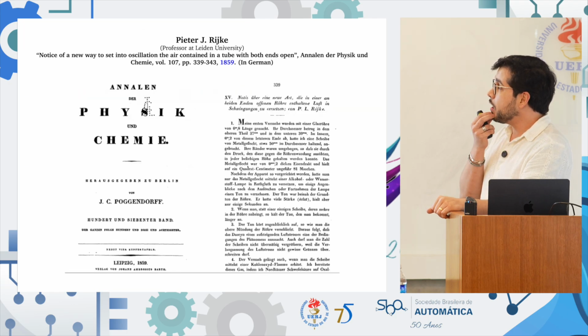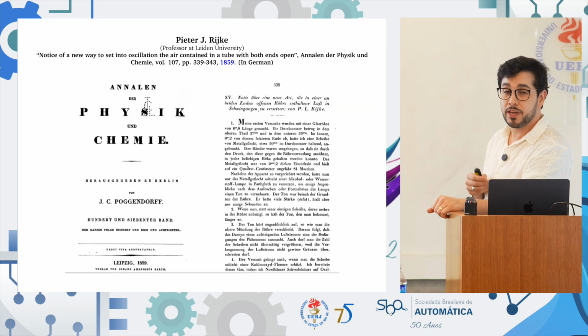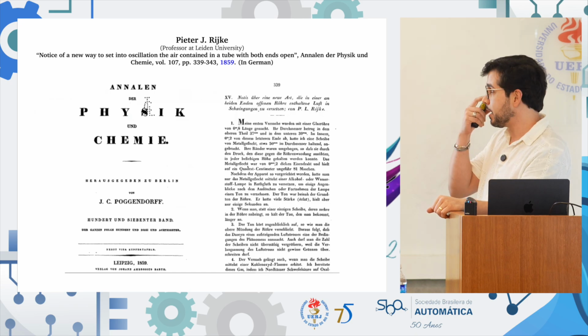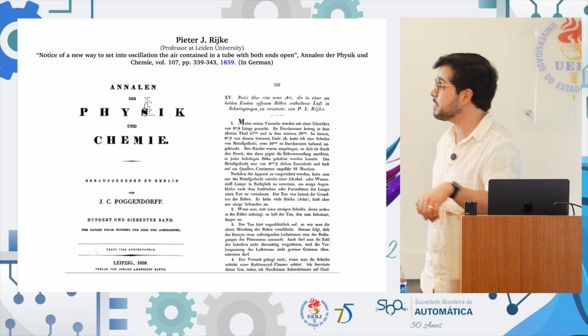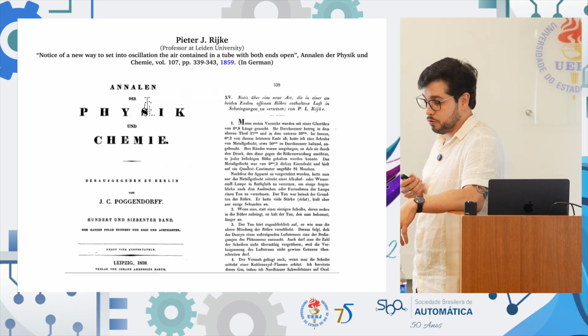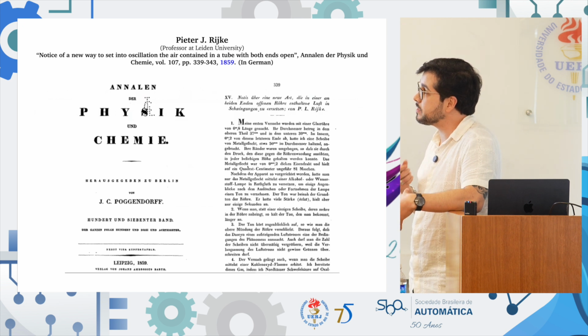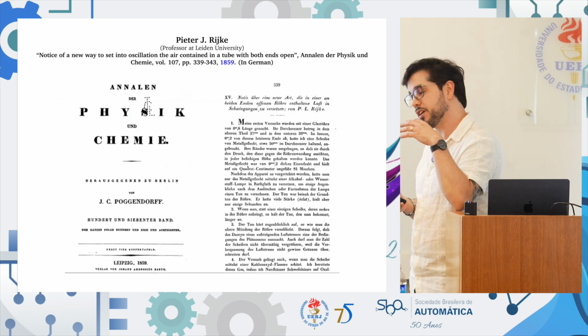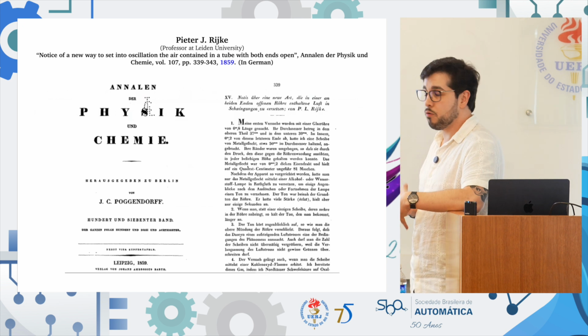So first, the Rijke tube was invented in the 1800s by a Dutch physicist, Peter Rijke. He noticed a way to generate sustainable oscillations in a vertical open tube using only heat.